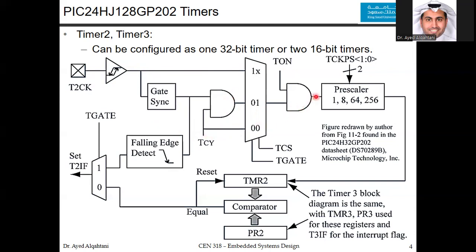So at this point, you go through the prescale value. And as I said before, the prescaler's job is to prolong the clock period of the clock source. So instead of having a very short period of time for the clocks, now you will have a longer time for each tick. You have 4 choices. If you choose 1, there will be no change. Whatever you have here, it will pass here.